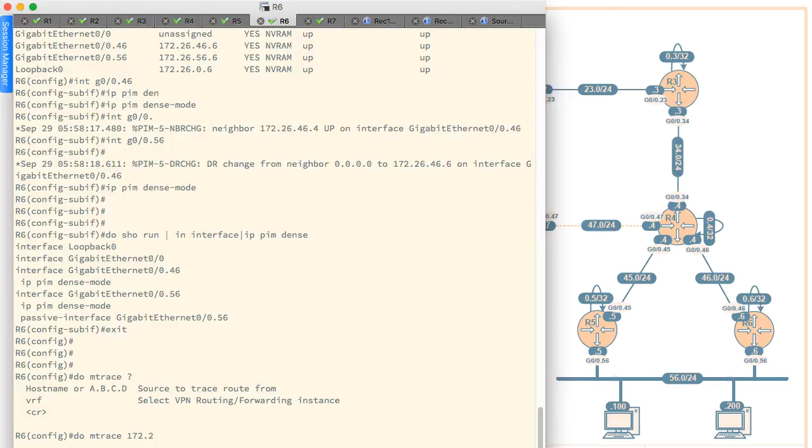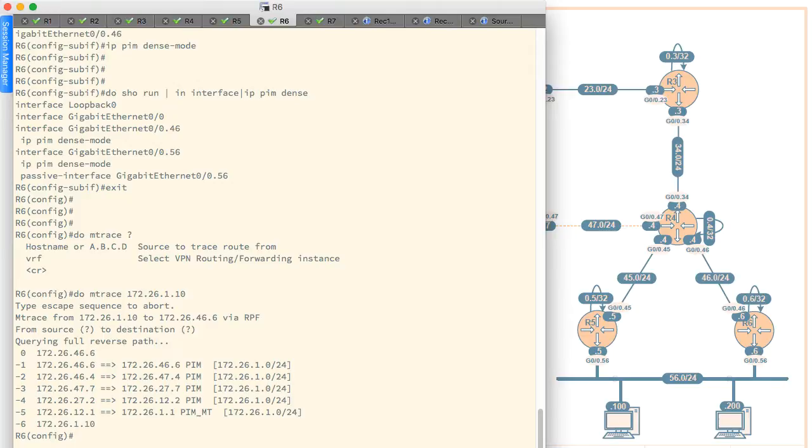It essentially tells me what hops the path is actually taking. This would be the multicast reverse forwarding path. It goes from 6 to 4 to 7. And 4 actually has two routes to it. So 4 goes to 47.4, which is router 7.